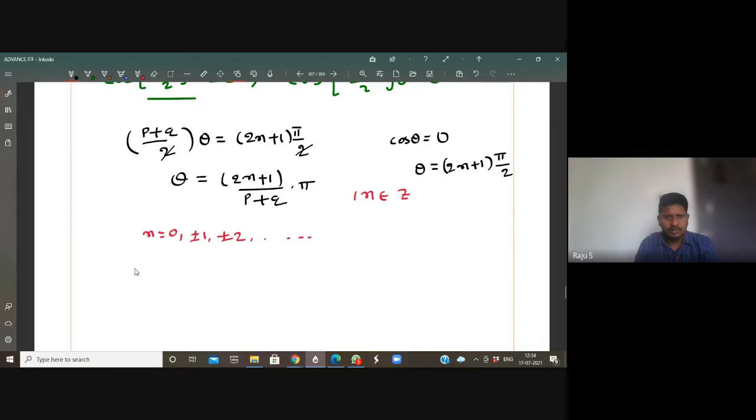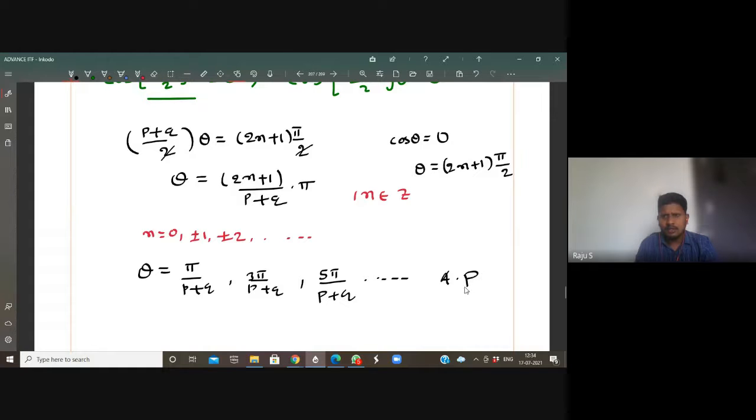So as you said, second option, let us check that. Theta is equal to, when n is equal to 0, pi by p plus q; n is equal to 1, 3 pi by p plus q; then 5 pi by p plus q, and so on.